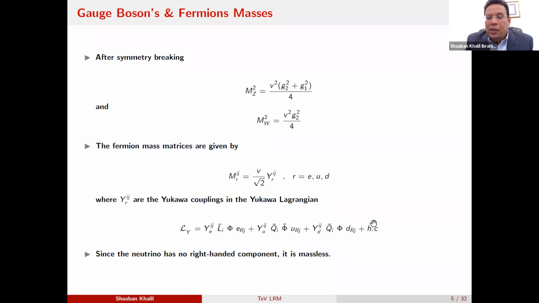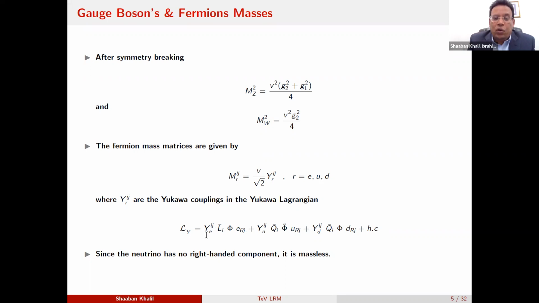So all these terms are invariant and are allowed to be in your Lagrangian. We call them Yukawa interactions because there are two fermions and one scalar. We have a scalar field phi and two fermions. So you have to take care of all SU(3) times SU(2) times U(1) invariance, and if they are satisfied, then these terms are allowed. And the coupling is different from the usual SU(3) and SU(2) gauge couplings. This is what we call Yukawa couplings.